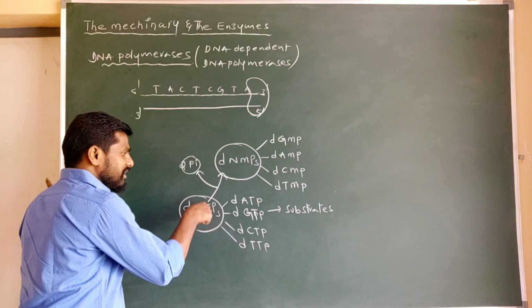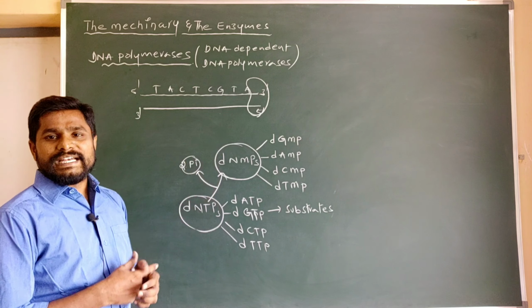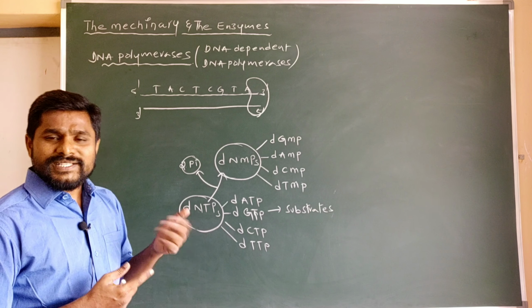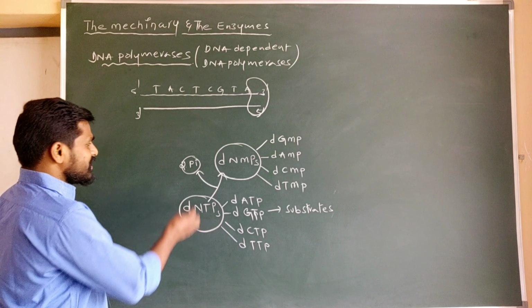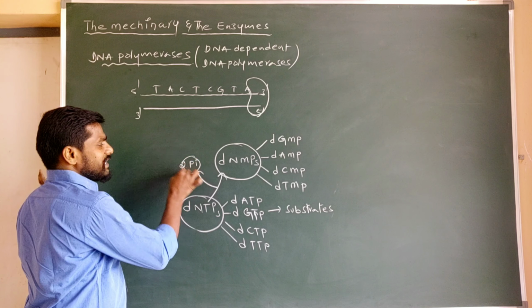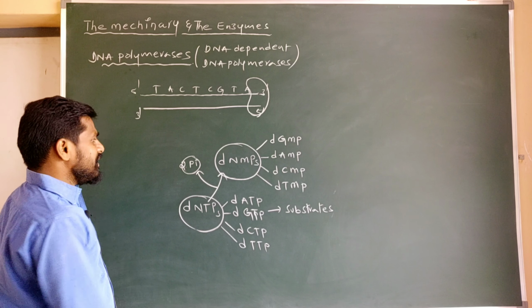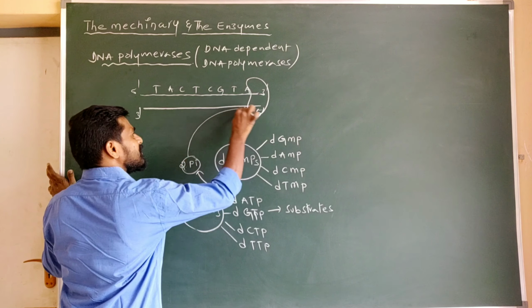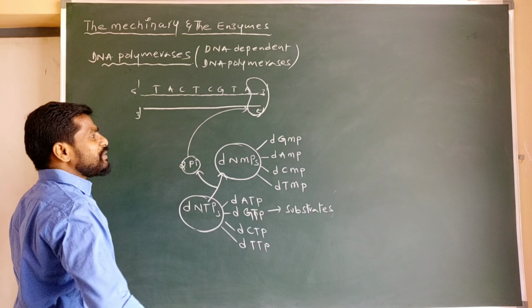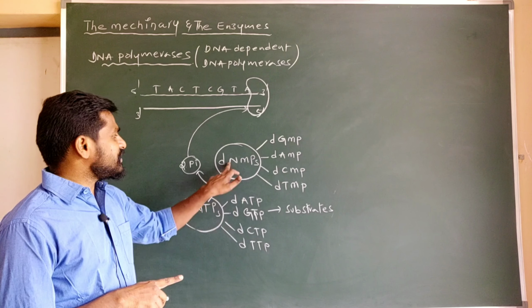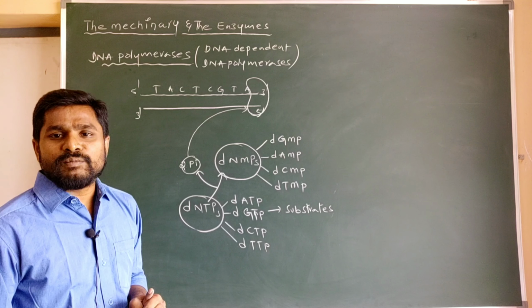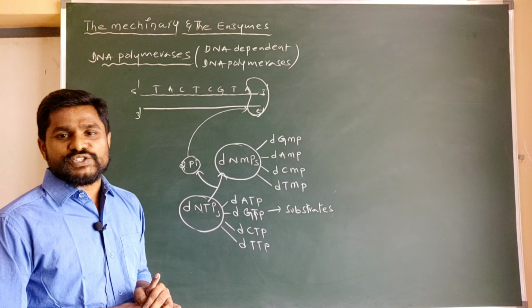Besides acting as substrates, these deoxyribonucleotide triphosphates also provide an energy source for the polymerization reaction carried out by this DNA polymerase. What is that energy source? The energy source is this high energy rich pyrophosphate which is utilized by the DNA polymerases for the polymerization of these deoxyribonucleoside monophosphates in replication.